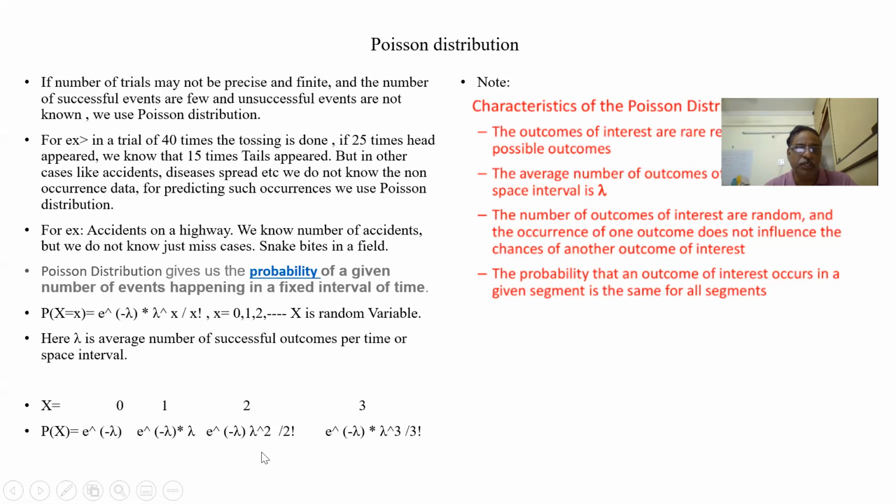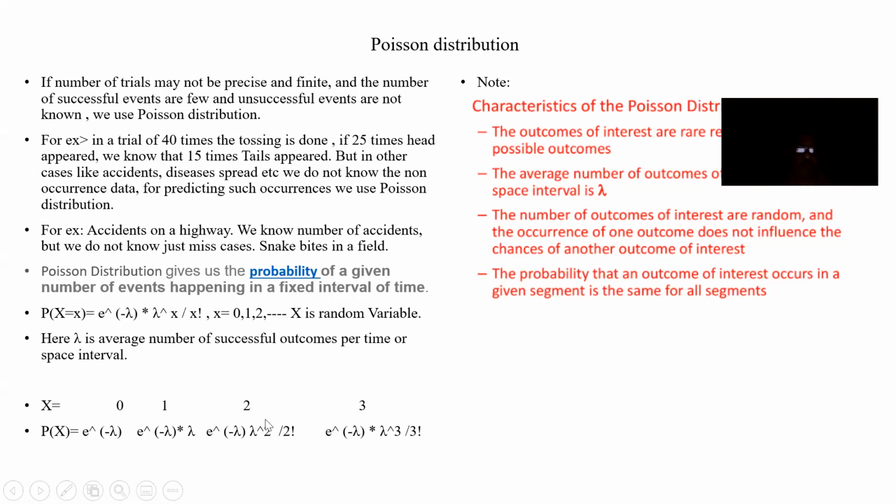If x is 2, lambda square by 2 factorial into e to the power of minus lambda. Lambda cube by 3 factorial into e to the power of minus lambda. Like that, the probability varies. In binomial, it varies as nC0, nC1, nC2, nC3, like that. But here, there is no P and Q.